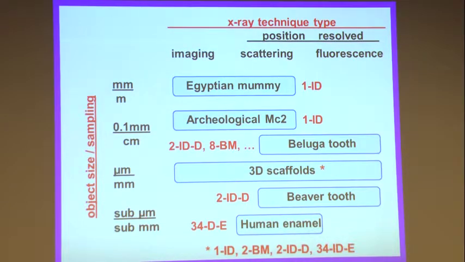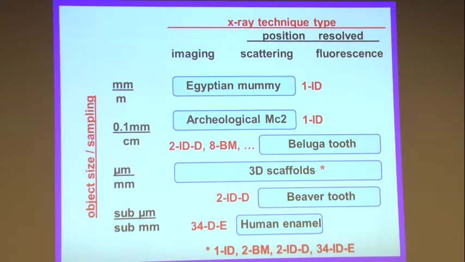And we fill this in by position-resolved scattering and fluorescence imaging: the larger scale Egyptian mummy, slightly smaller scale the archaeological human metacarpal bones, then beluga whale teeth are slightly smaller, 3D scaffolds for spine fusion, the beaver tooth, and then human enamel as we get down to submicron levels.